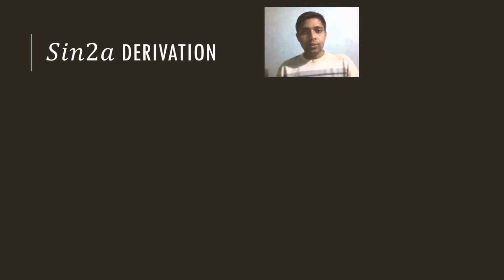First we'll derive the sin 2a formula in tan a form. In the same way we can derive the formula for cos 2a also. So first we'll see the sin 2a derivation. We know the sin 2a formula: sin 2a equals 2 sin a cos a.